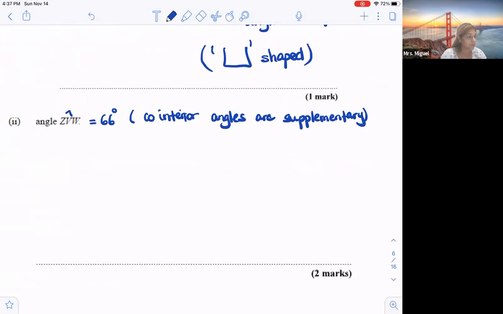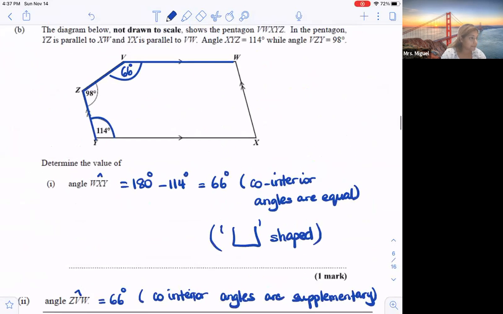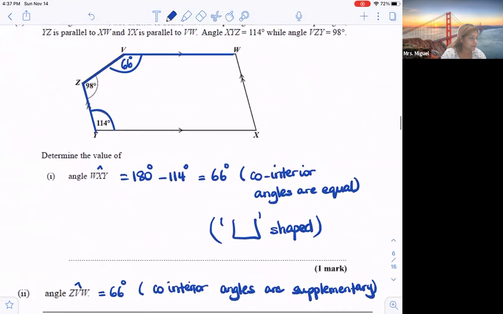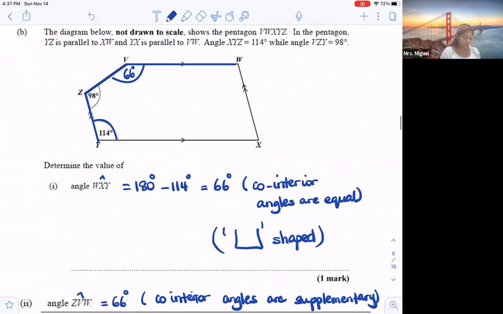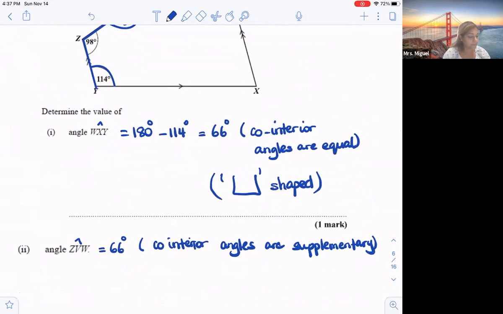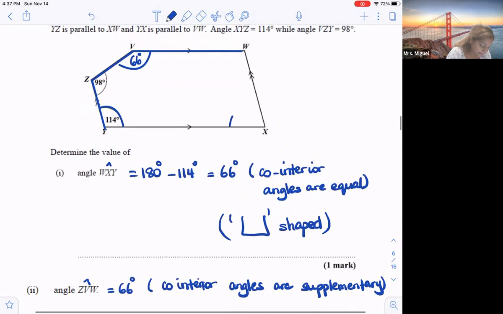So the angle at Z, so, okay, 2 marks just now, eh? All right. So this angle here is 66. This is 66. This one would be 114 because they are opposite.